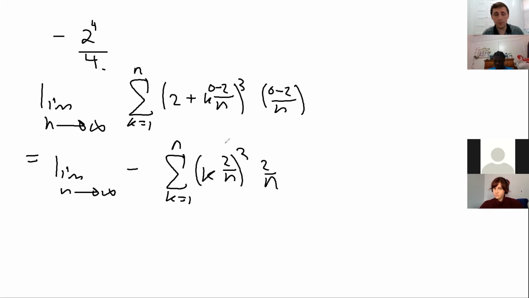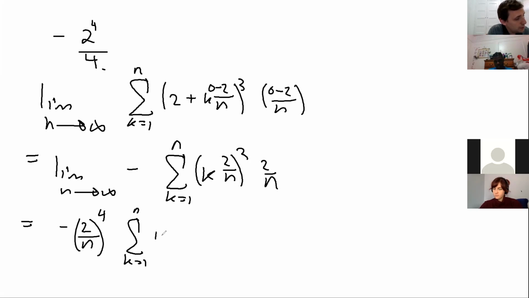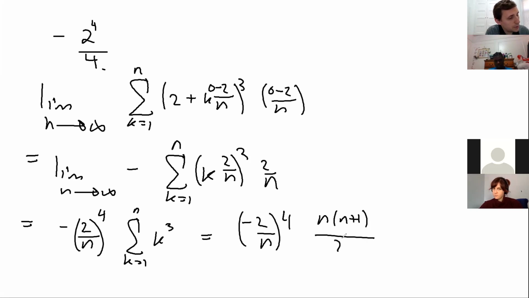You don't need to go through the process. And what is that limit? It's simply minus 2 over n to the power of 4 times the summation k equal 1 to n of k cubed.